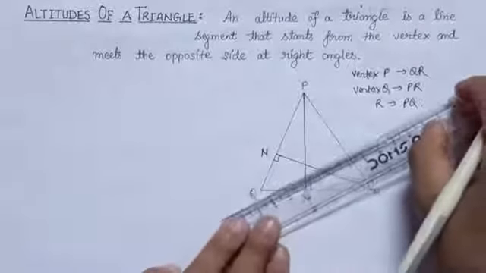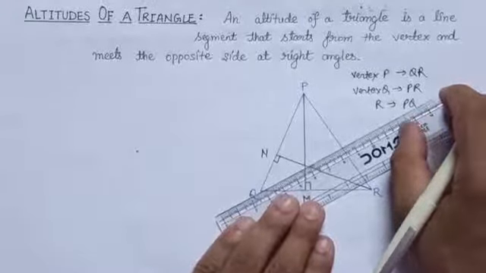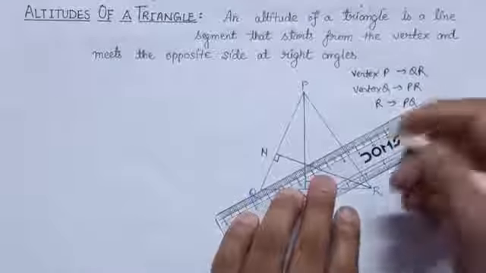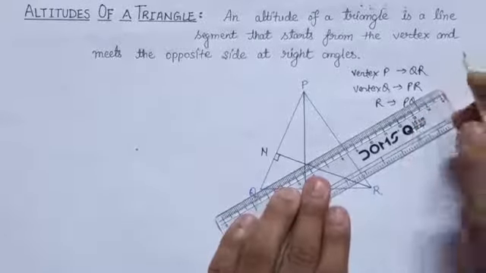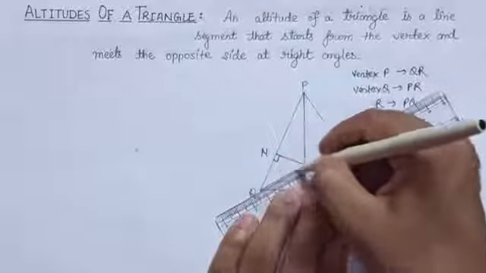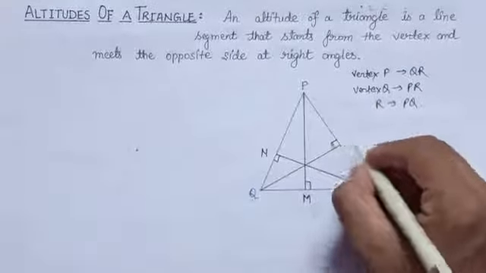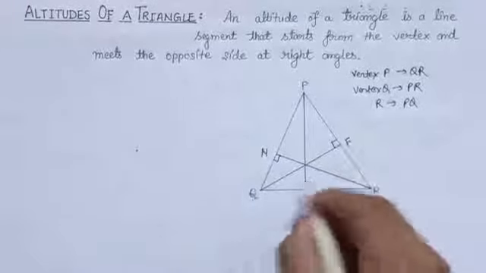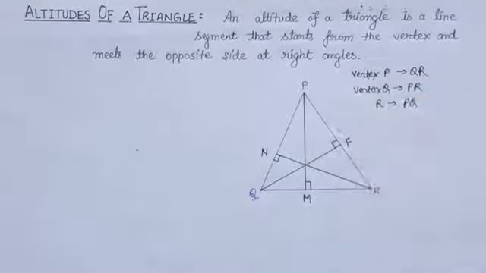Again, we can draw a line segment from the vertex Q such that it also meets the side opposite to it, that is PR, at right angle. Let us draw first. Okay, so here you can see that QF is the line segment which meets the side PR at right angle.